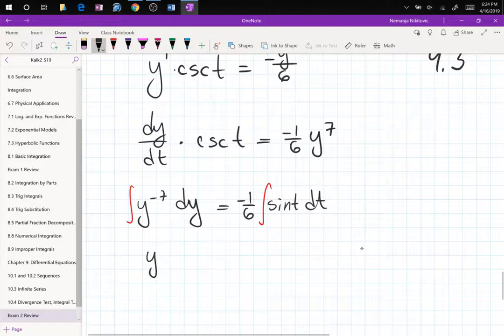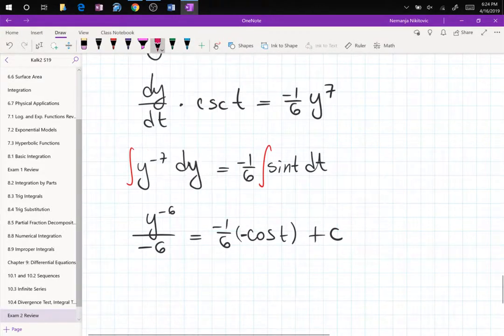Integrate this one, y to the negative 6 over negative 6 is equal to negative 1 over 6, and that's going to cancel. And then we have a cosine, no, negative cosine, right? The integral of sine is negative cosine, of t plus c.